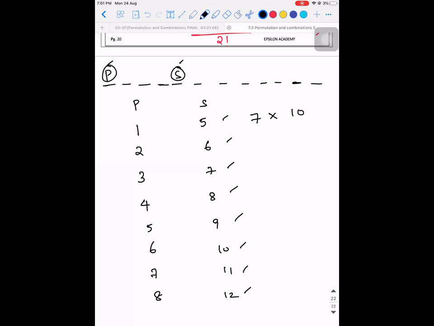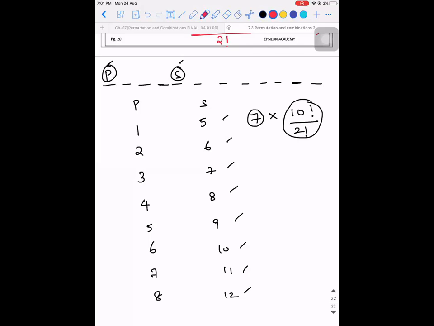So you can arrange those 10 letters among themselves in 10 factorial ways divided by, out of those 10 letters, which one is repeated? T is repeating, sir. 2 factorial. So 10 factorial by 2 factorial, am I right? So 7 such positions into 10 factorial divided by 2 factorial. Am I right? So this should be the required answer.